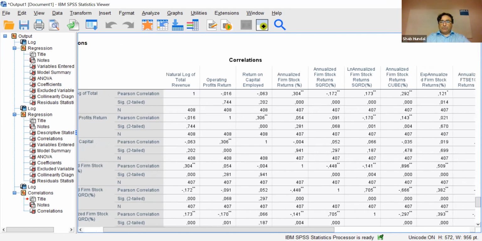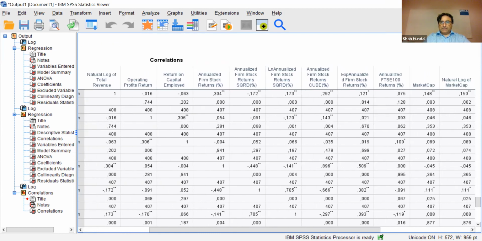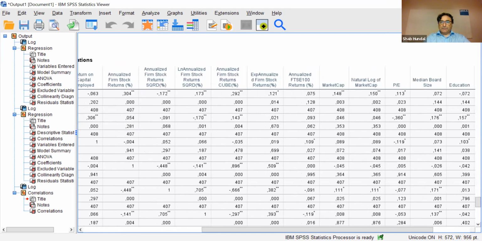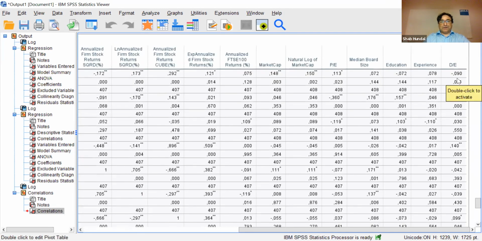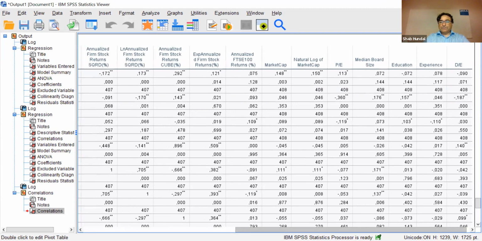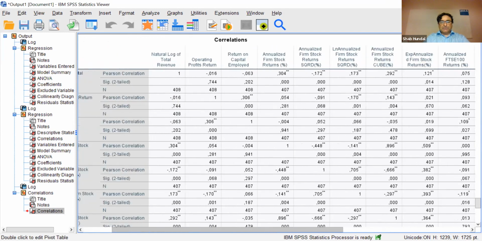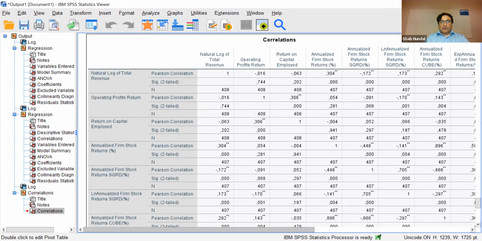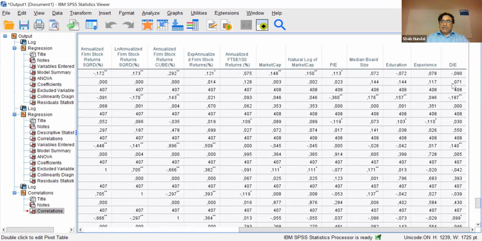And when we go up, the market cap is also correlated. So what we see is the revenue part, and what is not a good sign is that the natural log of revenue is not well correlated with the dependent variable.